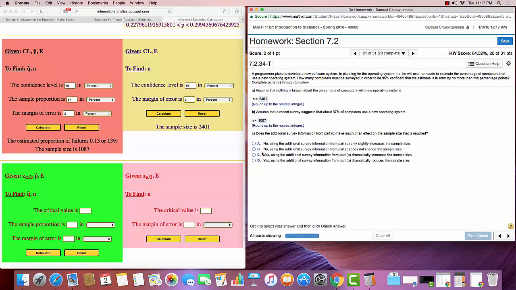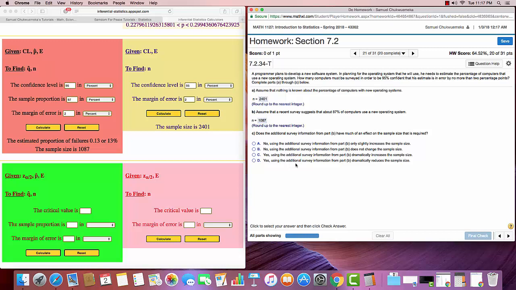Option C, yes, using the additional survey information from Part B dramatically increases the sample size. No, it did not increase it. We went from 2401 to 1087.